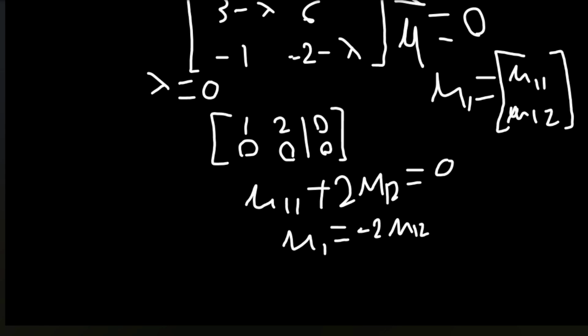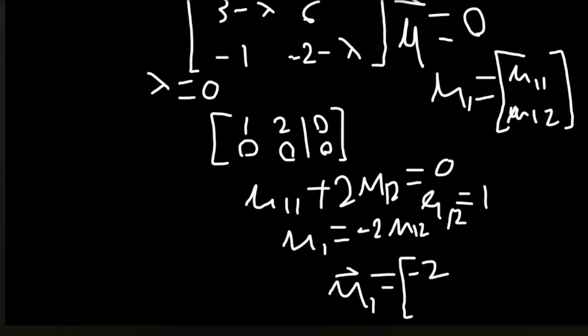So let's say we let mu12 equal 1. Now we know that mu11 will be equal to negative 2, and mu12 is equal to 1. So our first eigenvector turns into negative 2, 1. And this is our first eigenvector.